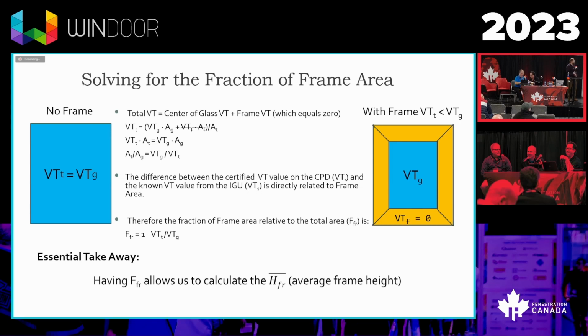So we know if we have the center of glass value of the VT, the visual total will be something that's less. So the reported CPD number will be less than the IGU values. And because we know that, it's now a known, we can determine the factor of frame, which allows us to calculate an average height of frame.